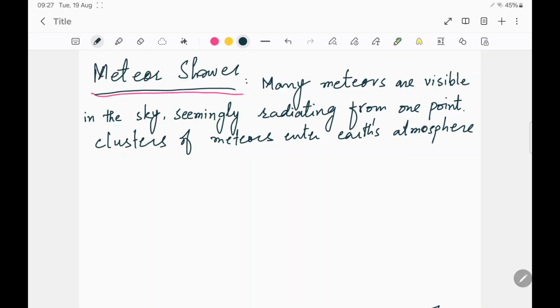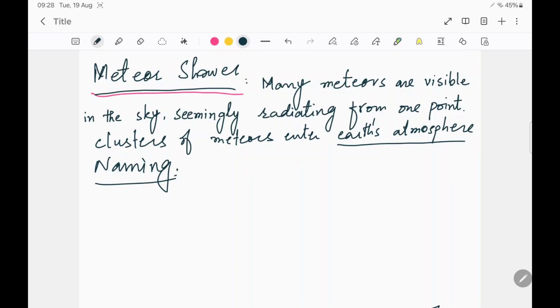That means when a lot of meteors at one time enter into Earth's atmosphere, we call it the meteor shower. And how do we name it? Naming of these showers: they are named after the constellations from which they appear to originate. That means from where they actually come from. That is how they are named after them.